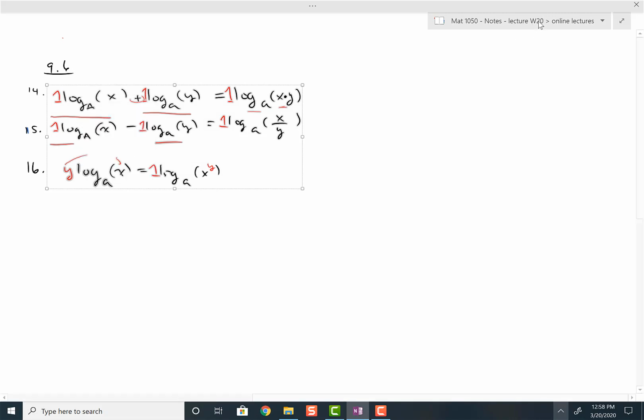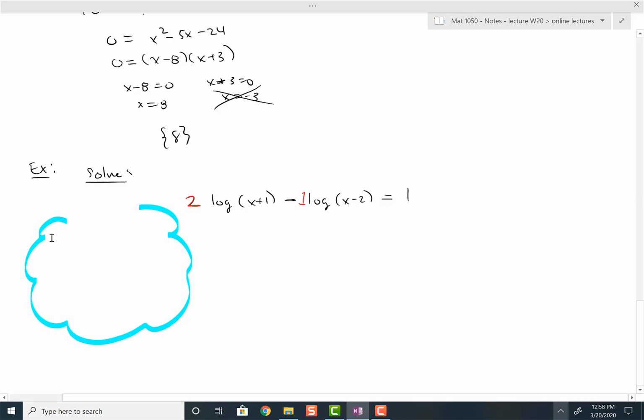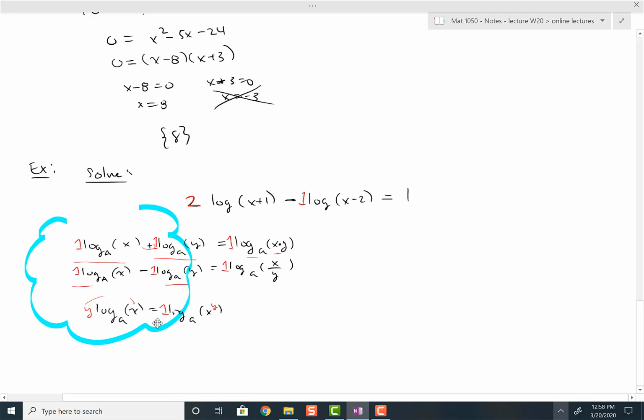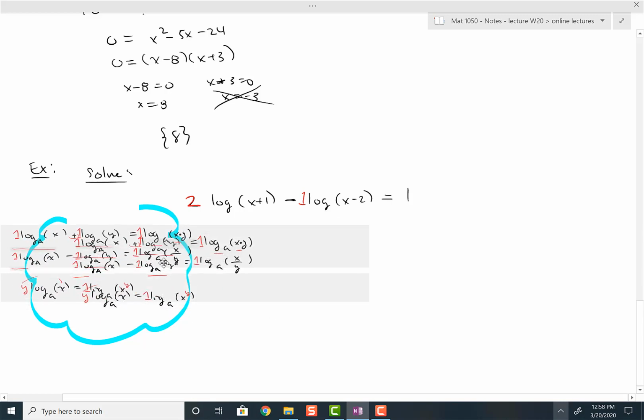Copy. All right, so going back to where we are, we end up having these 3 properties, which I'll paste in here. Let's make it a little bigger. Too big. All right, so here are my 3 properties.